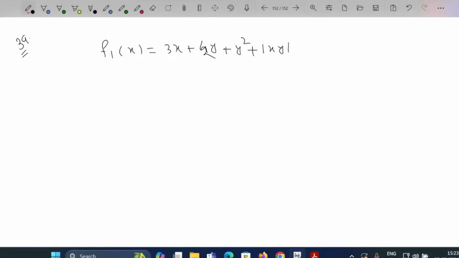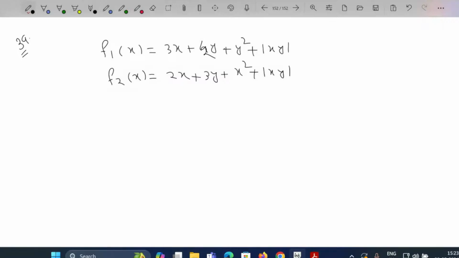And f2 is 2x plus 3y plus x square mod x. So we have no problem with other points, but (0, 0) is the problem you are saying.